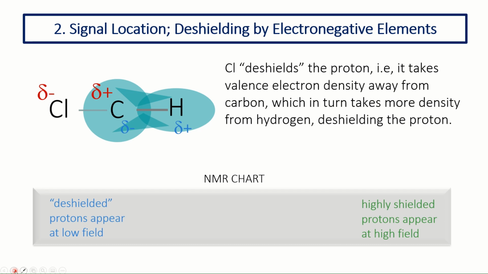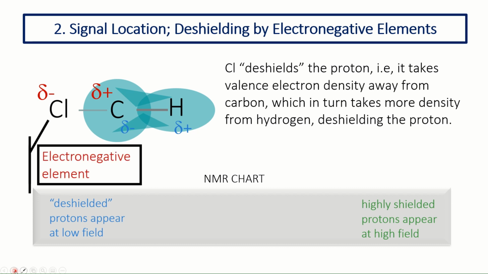So of course, herein we're looking at a hydrogen that's sitting on a carbon, which also has a chlorine. So of course, that is quite electronegative, this element, and so therefore it will have a deshielding effect on that proton, i.e. it will start to suck away those electrons away from that proton.